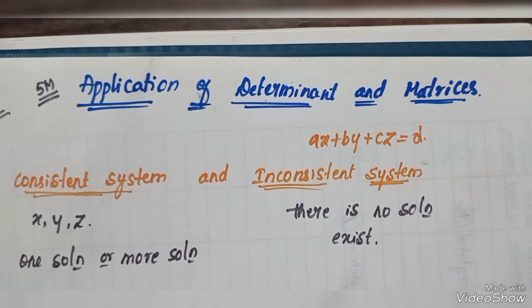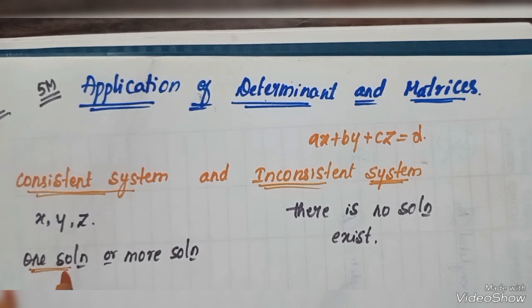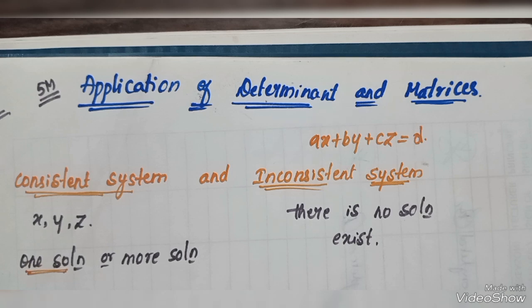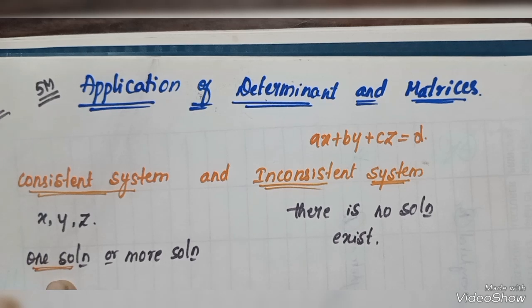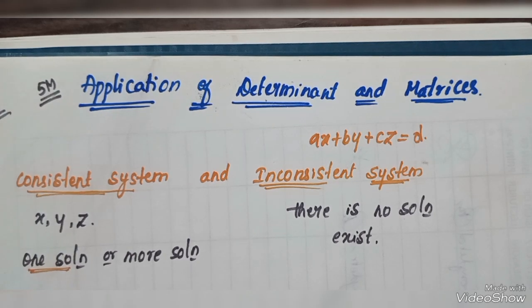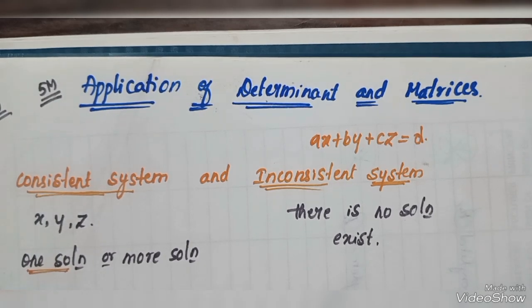Unique solution means the system of equations has only one solution, so the system is a consistent system, and in that consistent system we study only the unique solution.